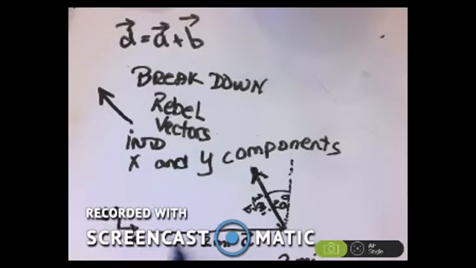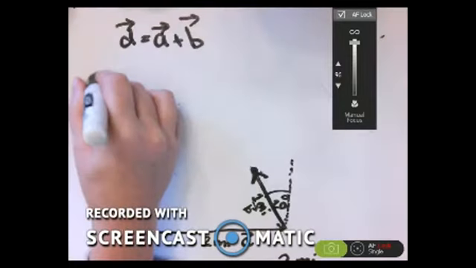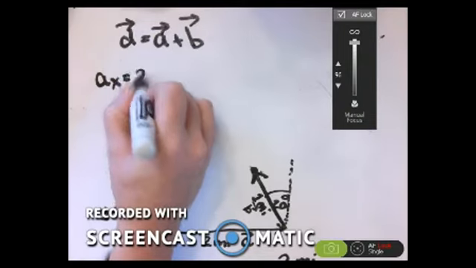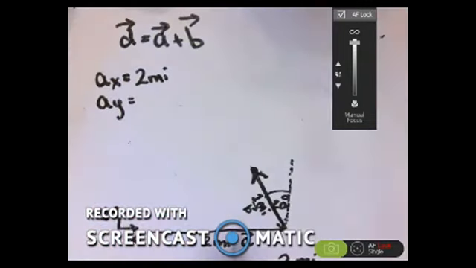There is absolutely no part of the 2 miles that goes up or down, so the Y component is 0. We are going to say the X component for vector A is 2 miles, and the Y component of vector A is 0 miles.